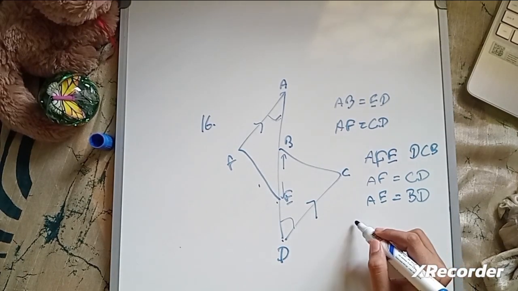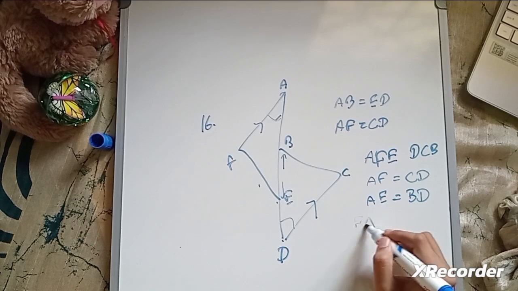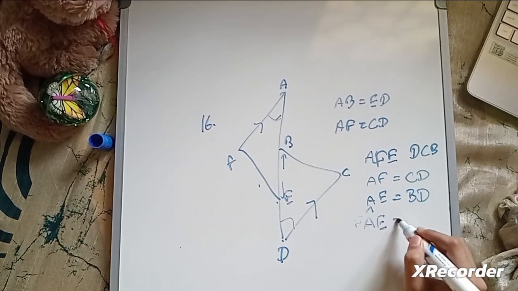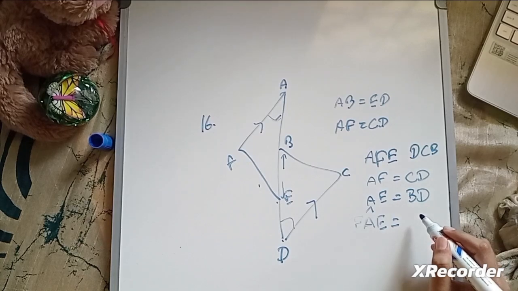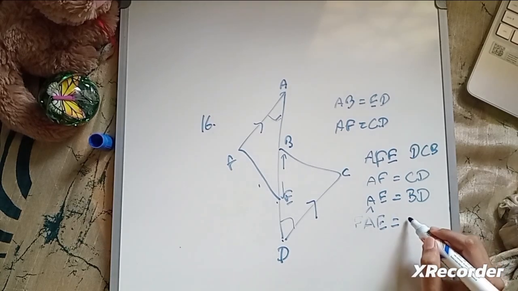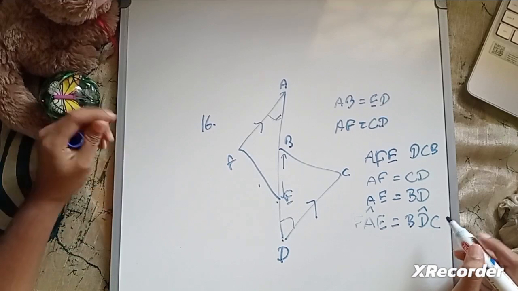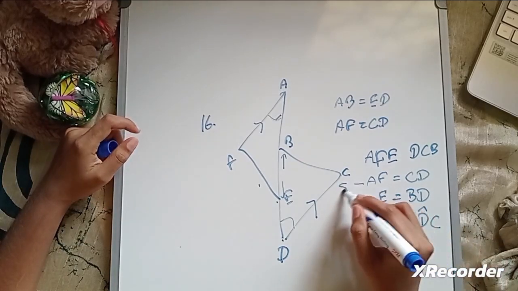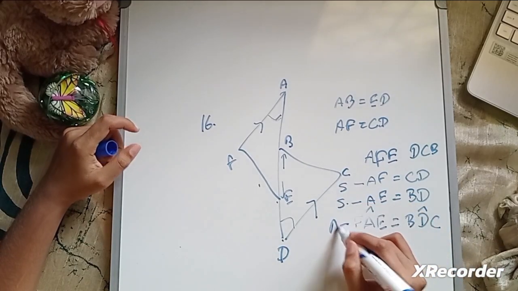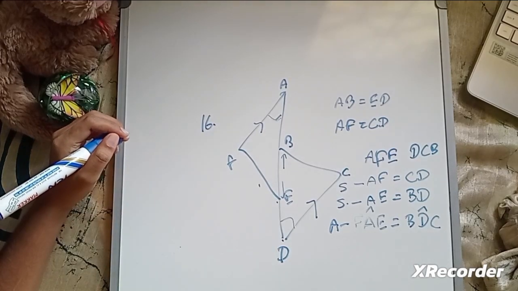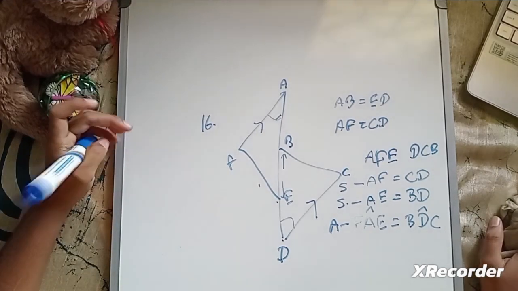And here we can write angle FAE equals angle BDC. So here two sides and one angle. So we can say this is SAS.